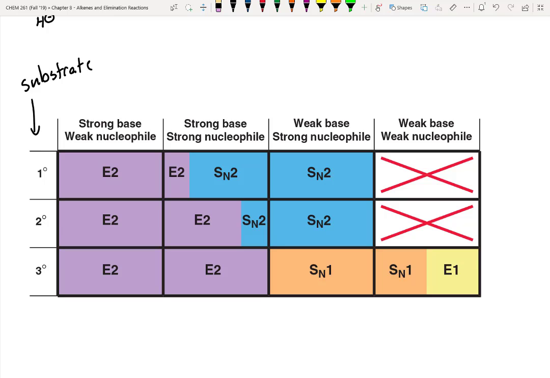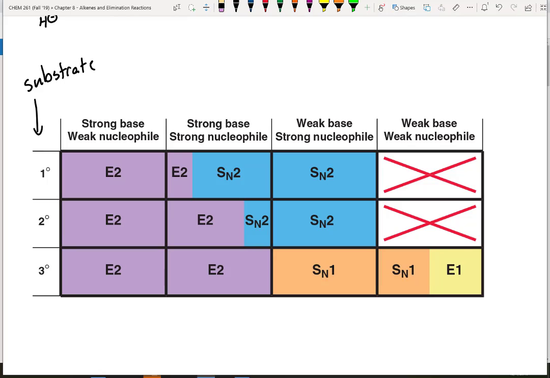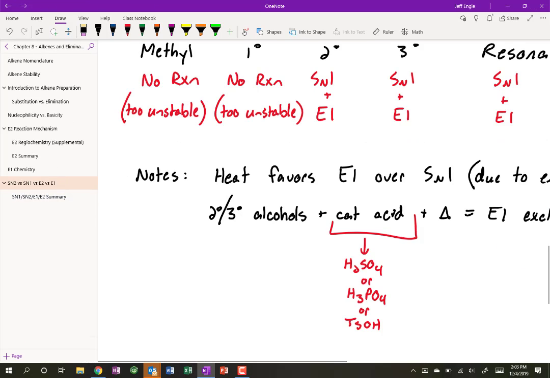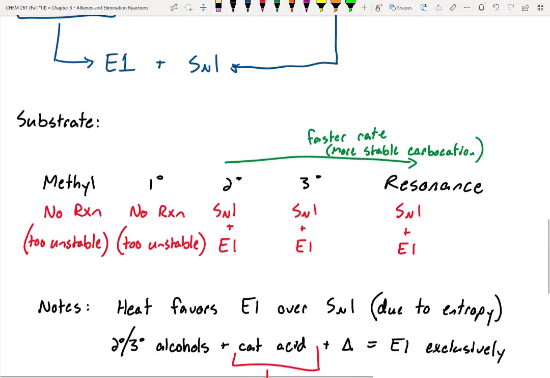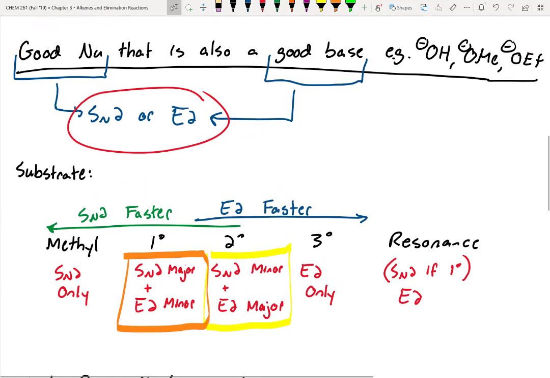I have students every year that are like, this is wonderful, I'm just going to brute force memorize all of this and I'll do perfect on the exam. And it never works out well. Instead, what you really need to focus on is the thought process of that last thing we went through. On this page, we were able to problem solve things like this. Would it be SN2 major or E2 major?